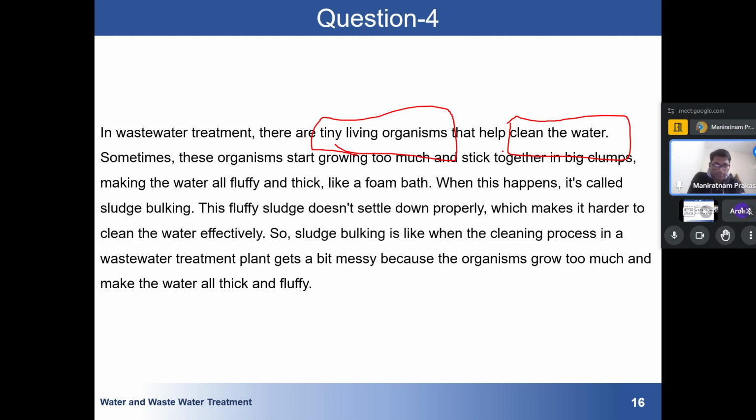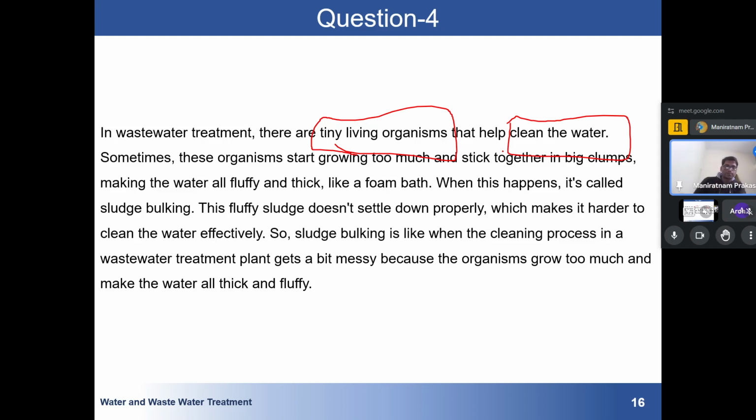Whenever I am discussing this question, I will again and again refer to the first picture I showed, the different phases with time. Initially there was the lag phase, growth phase, then a stationary phase.